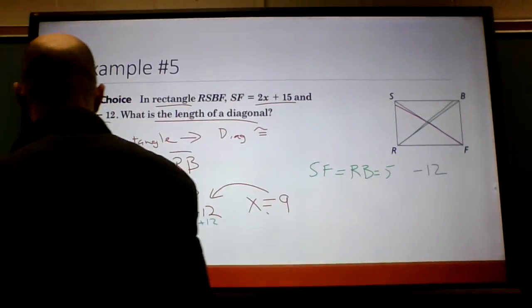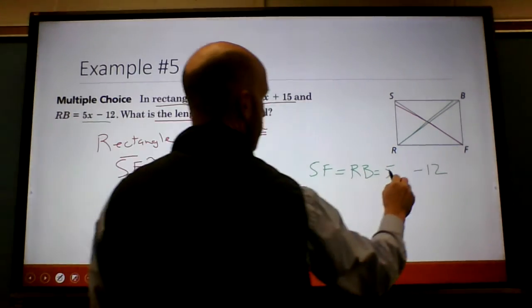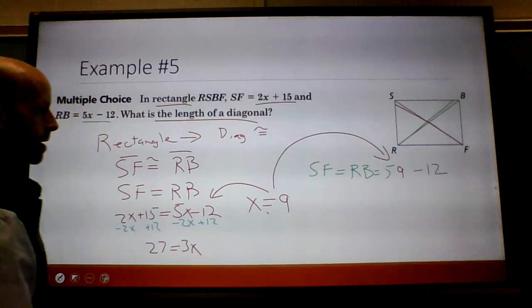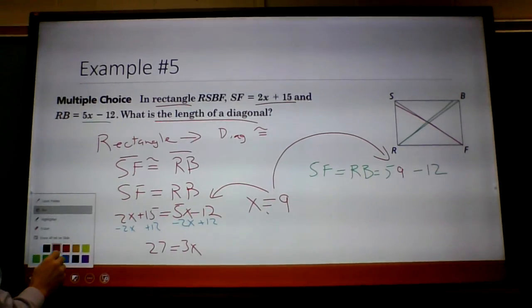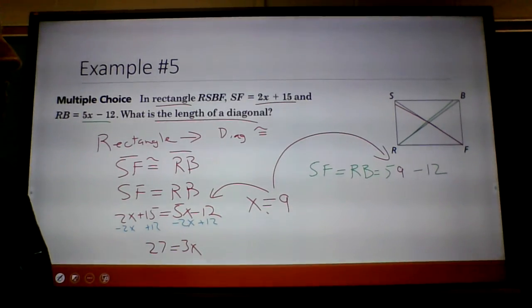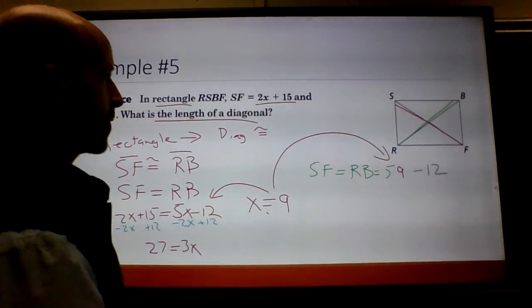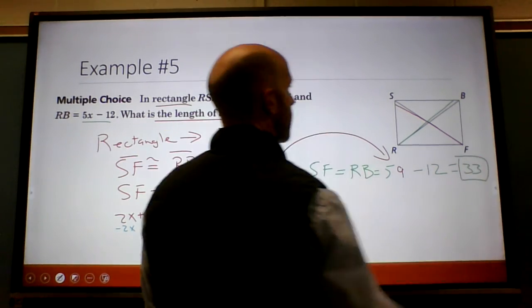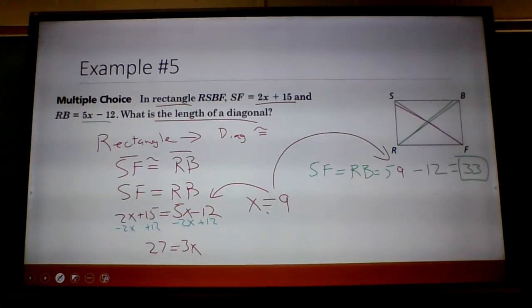And so we're going to get 45 minus 12, which is 33. So the length of that segment, that diagonal, is 33.